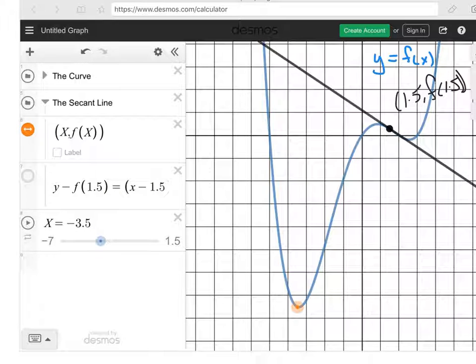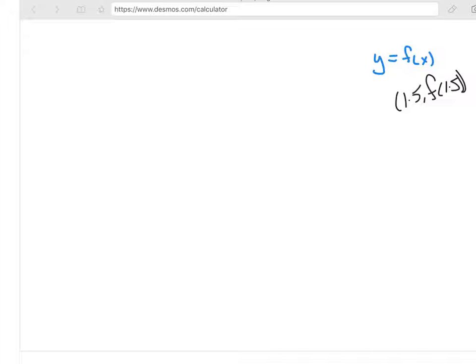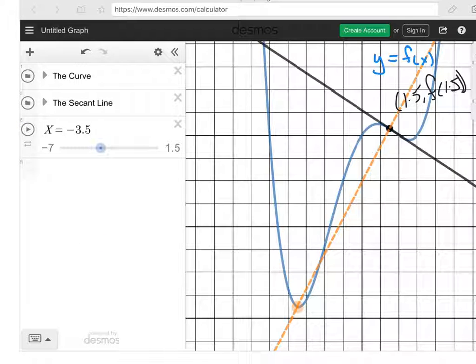Next, I'm going to take some other point on the line, just x, f of x, and I'm going to draw the secant line to that. Now, obviously, this isn't the tangent line, but it is the secant line, and I do have 2 points. I've got 1.5, f of 1.5, and then this other point, x, f of x.